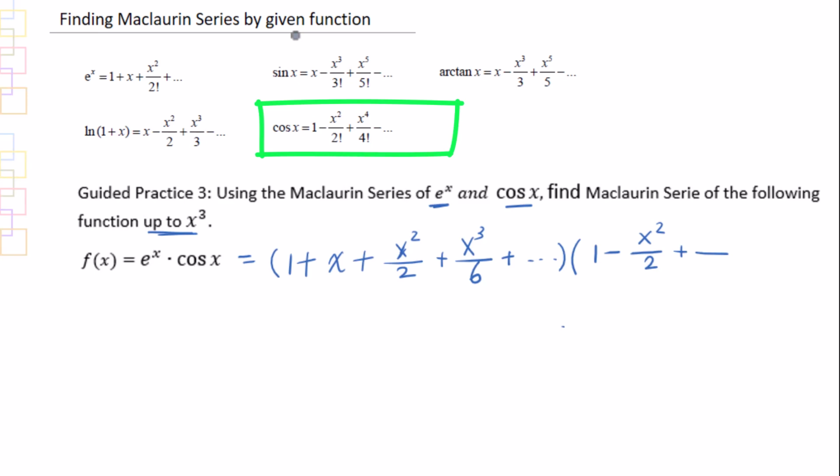Since we only need up to x to the third power, we don't have to write this down. Then we go to do the FOIL. While you do the FOIL, just remember, if your exponent of x is greater than 3, we don't write that down.